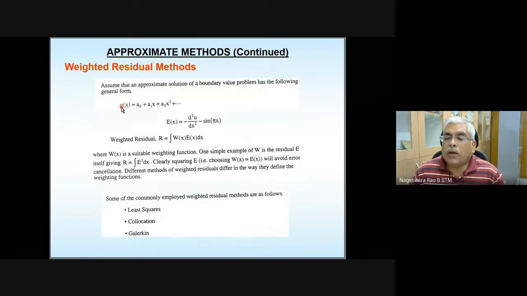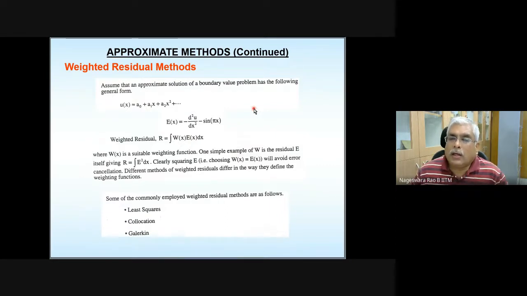U is equal to U as a function of x. I told you it is required to emphasize that U is a function of x. So U is approximately equal to A naught. Please note that here it's an approximation symbol. This one is not equal to, it's an approximation. U is approximately A naught plus A1 x plus A2 x square, plus, if you want to add higher order terms, you can add.